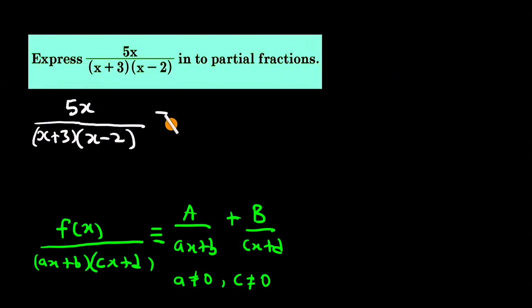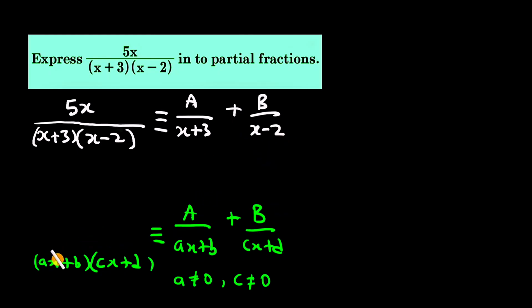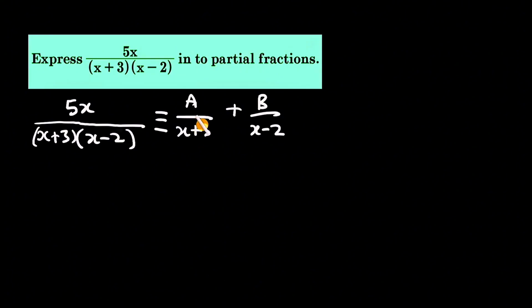That is, this fraction is equivalent to A all over x plus 3 plus B all over x minus 2, like from this formula. Now, I need to solve for the values of A and B. To do this, I need to start by looking for the LCM of these two fractions. That is, the LCM is the product of their denominators, x plus 3 times x minus 2.